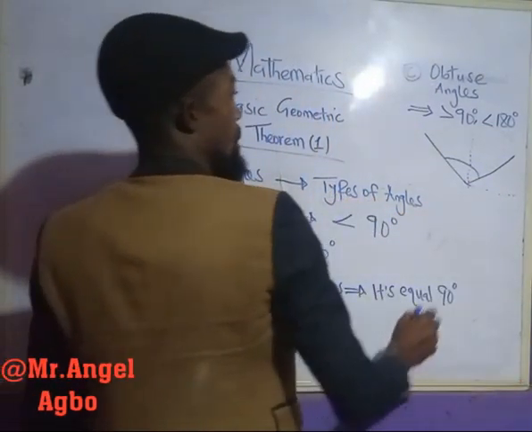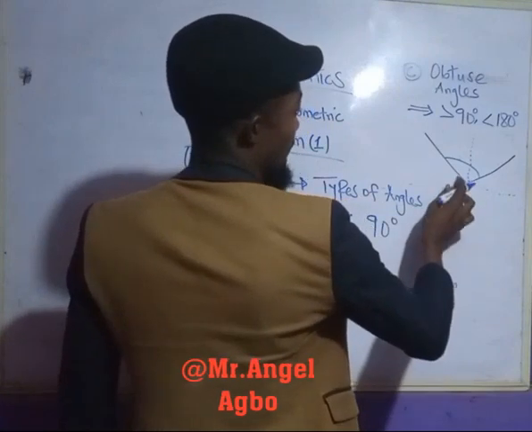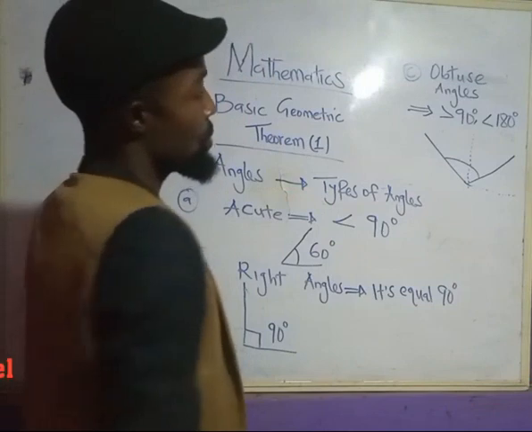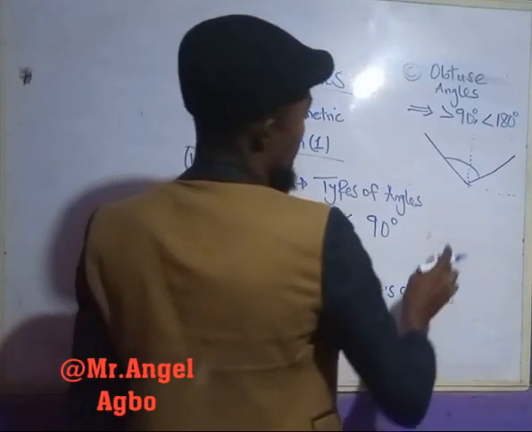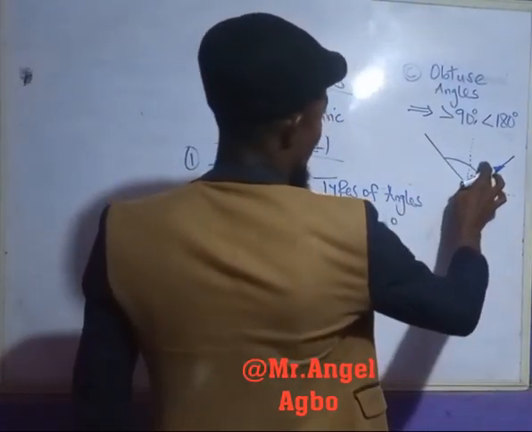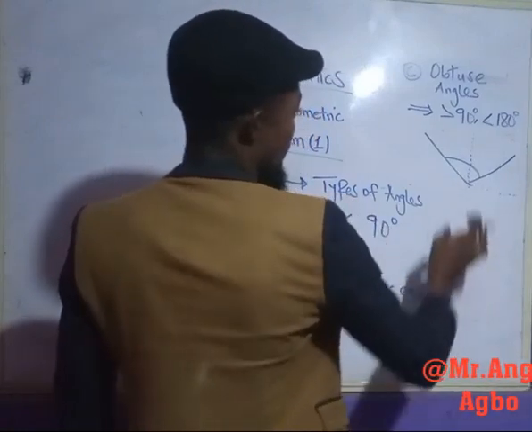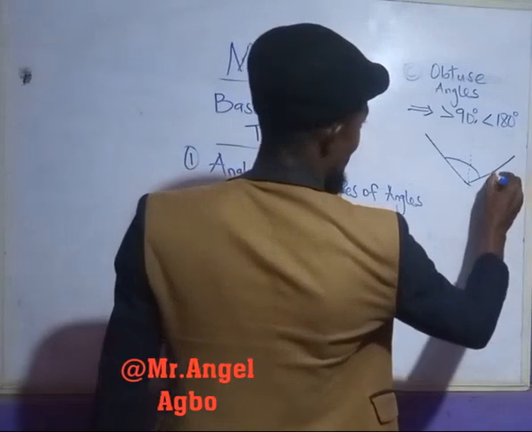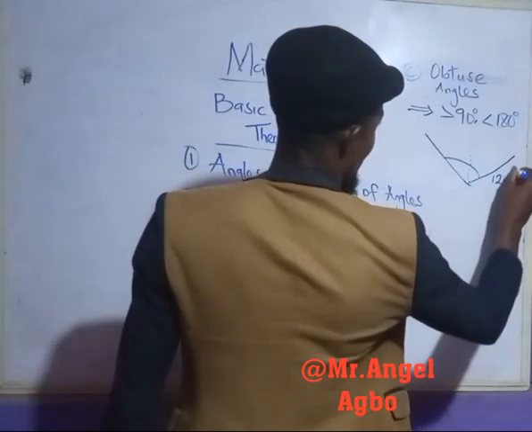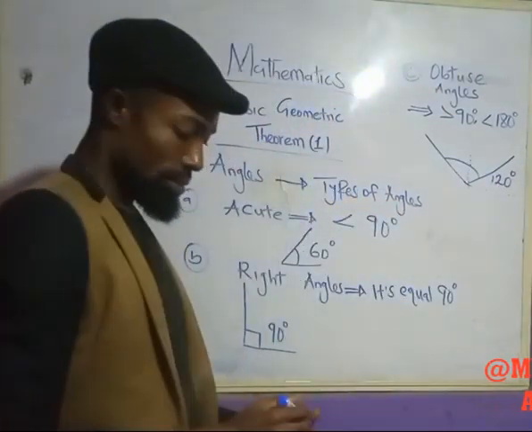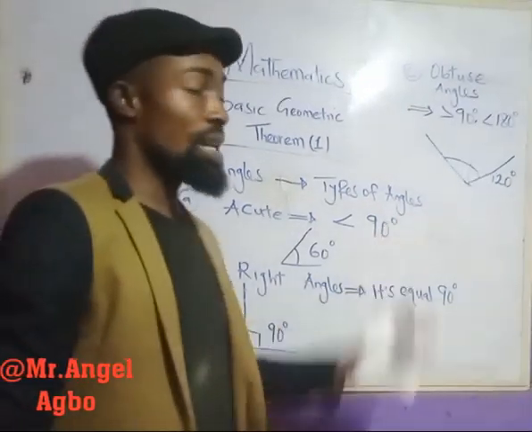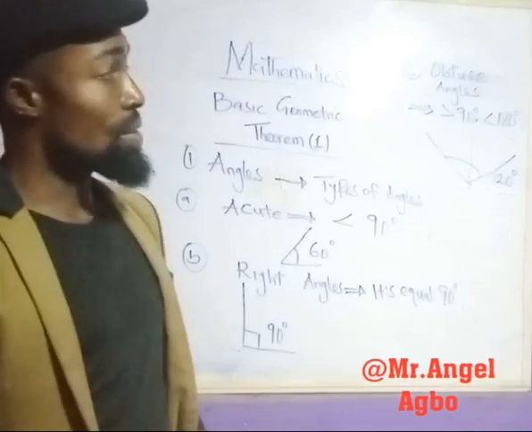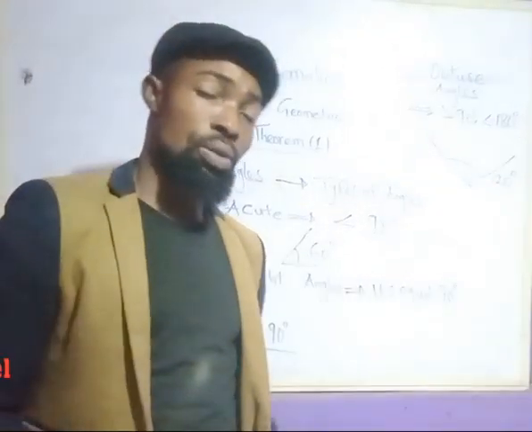If this one is 60 degrees, let's say this angle is equal to 120 degrees. So 120 degrees is an obtuse angle.